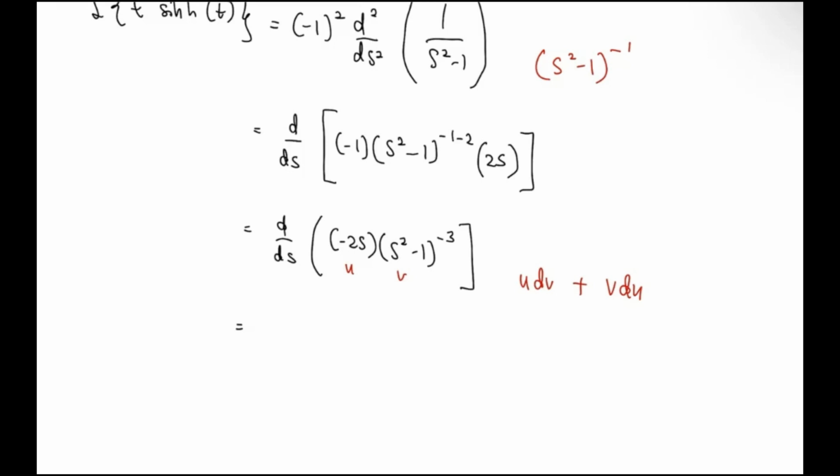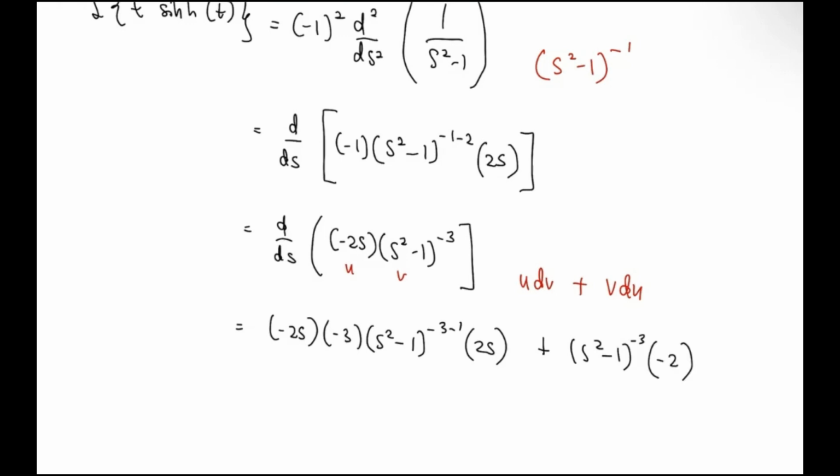So u is minus 2s, dv is the differentiation of v, minus 2 times s squared minus 1 to the power of minus 3 multiplied by 2s, plus v. V is s squared minus 1 to the power of minus 2, du. So minus 2s, differentiate, you get minus 2.